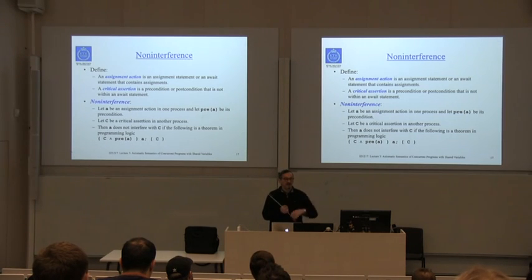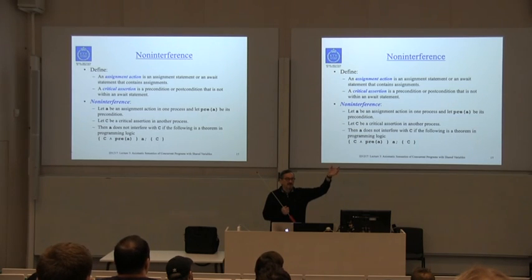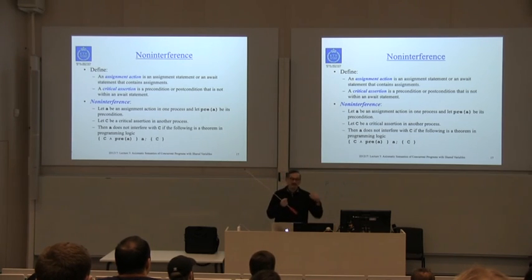So one thread suddenly changes the state in another one, and that state is false, it's a bad state, and that means violation of the proof of another thread. Okay, that's interference.